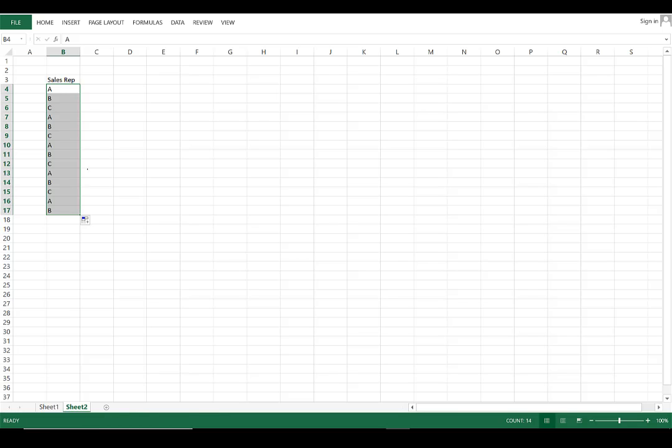Let's use numbers instead of letters: 1, 2, 3, and so on, and go to 10.